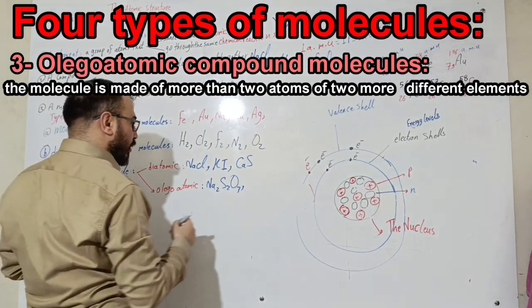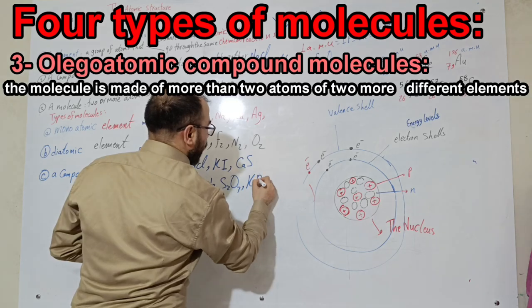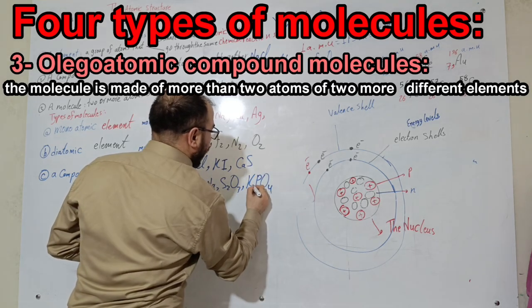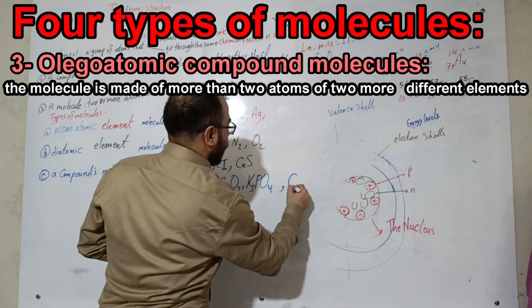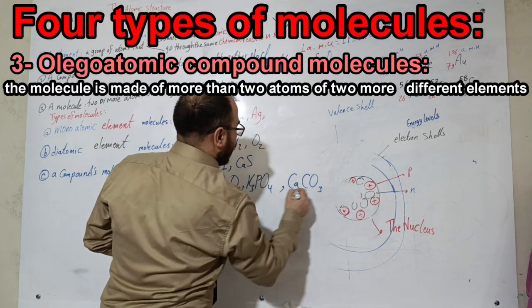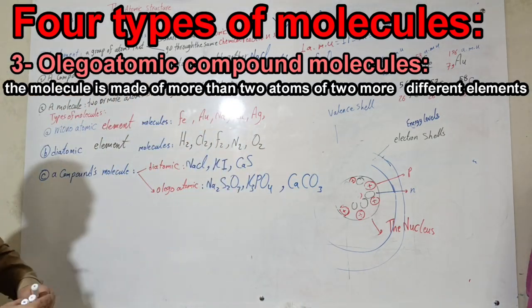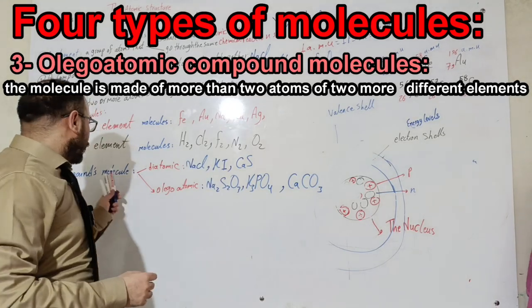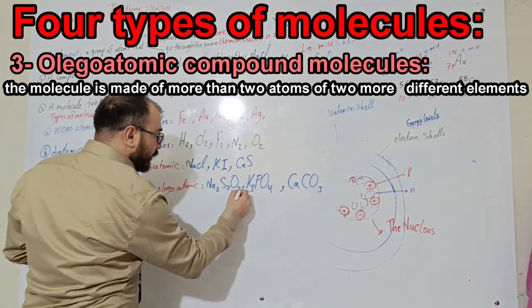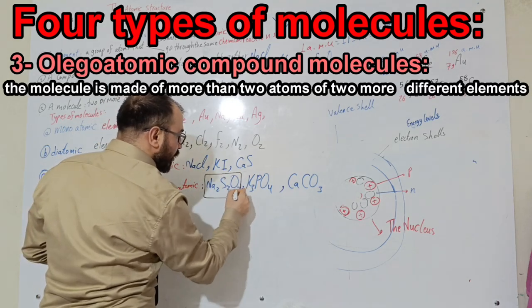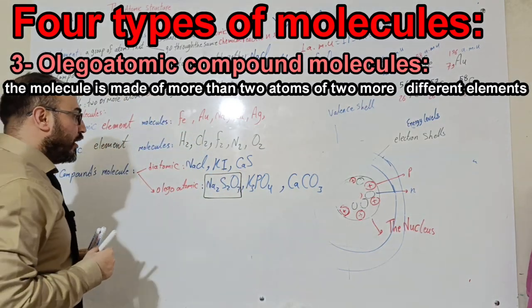We have also, for example, K3PO4, and we have also CaCO3. Those are oligoatomic compound molecules.